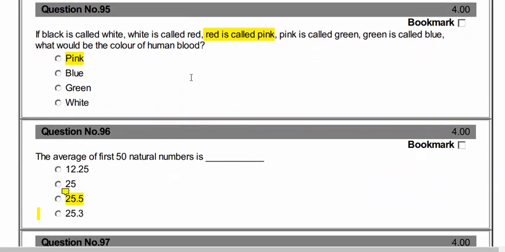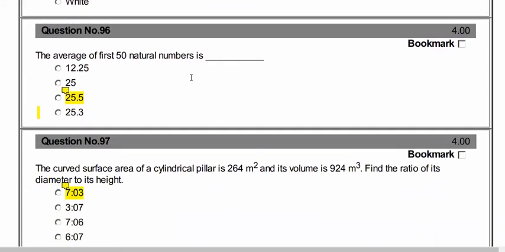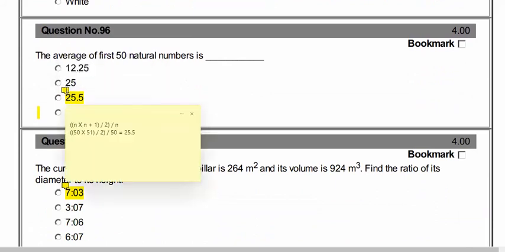If black is called white, white is called red, red is called pink, pink is called green, green is called blue, what would be the color of human blood? Option A is right, pink. Red is called pink. The average of first 10 natural number is dash. Option C is right, 5.5.